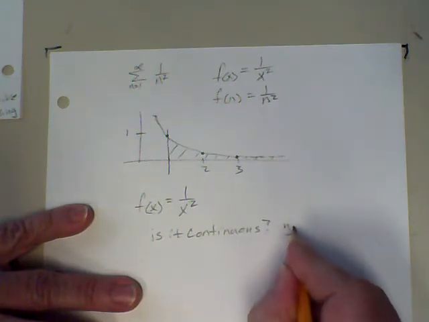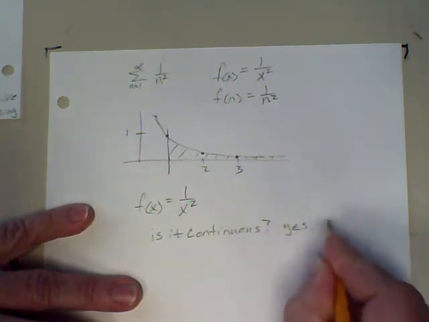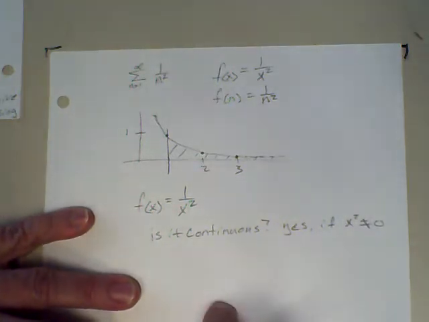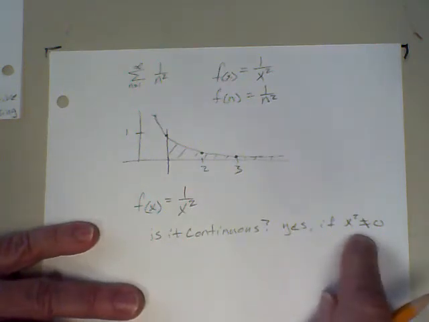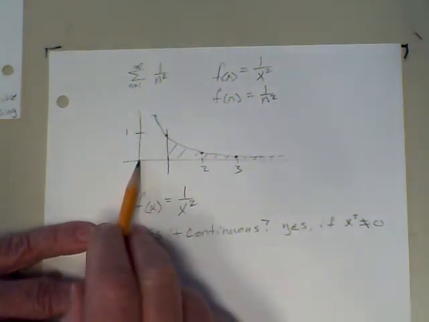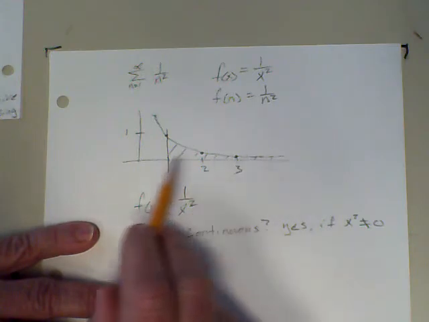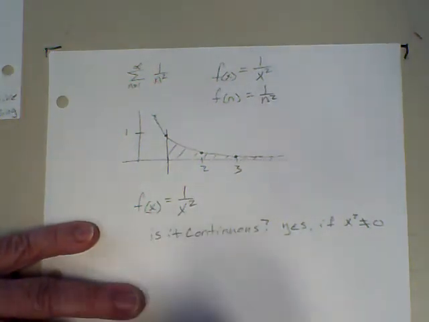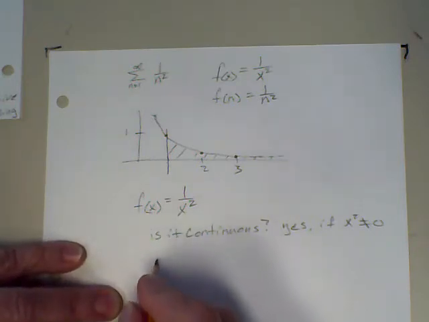So yes, this is continuous if x squared is not equal to 0. And the only time x squared is equal to 0 is outside of the area that we're interested in. So in all this area we're interested in, it is continuous. So we're good on that one. You always got to check it though.